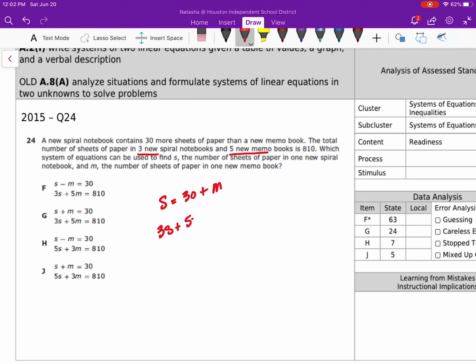So that's going to be 3S plus 5M is 810. Which is our answer choice. Oops, hold on. Careful, I almost made that mistake. Hold on, wait.